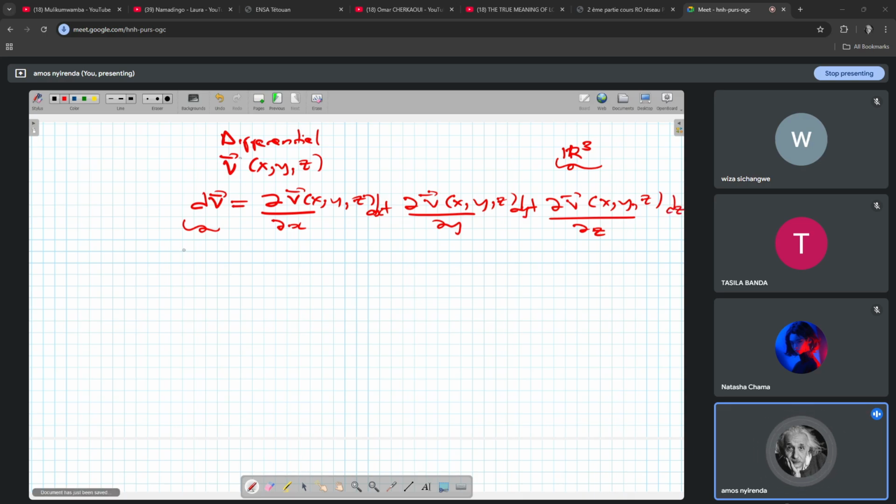This quantity dV is what is known as la différentielle de V, la différentielle du vecteur V.